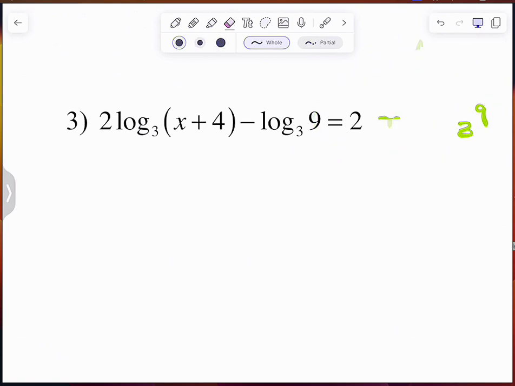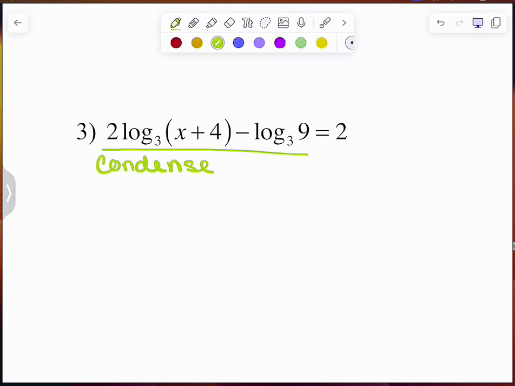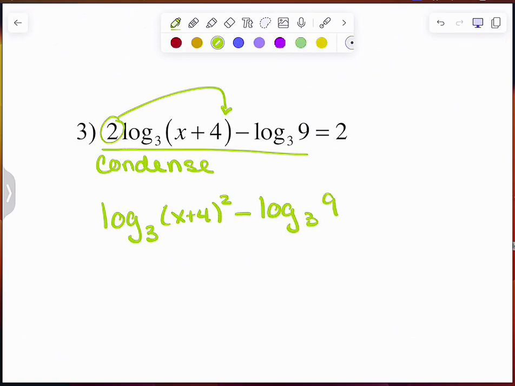So I'm going to have to use properties of logs over here on the left and condense, like what we practiced on Friday. When I condense this, I take the number in front and I pop it up into my exponent. So log base 3 of x plus 4 squared minus log base 3 of 9.